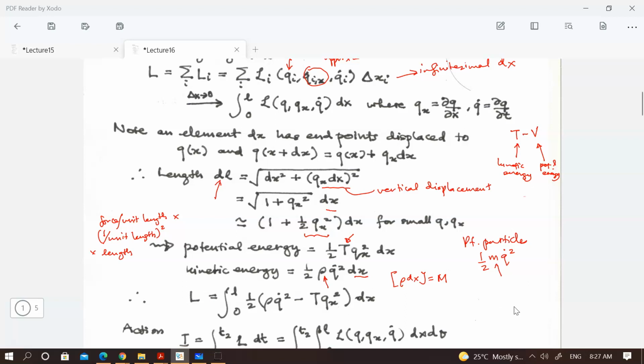Over here I have to remember the essential idea is that I have to have the dimension of energy. So probably this is not force, this is probably energy. So the tension gives you the right dimension for energy.